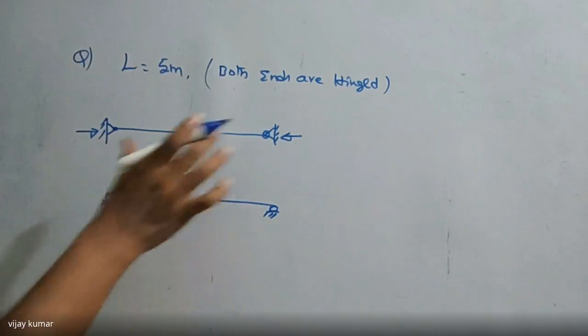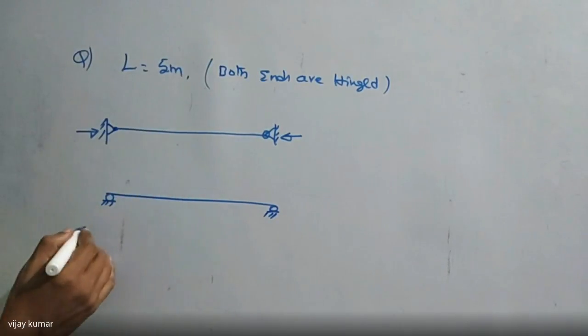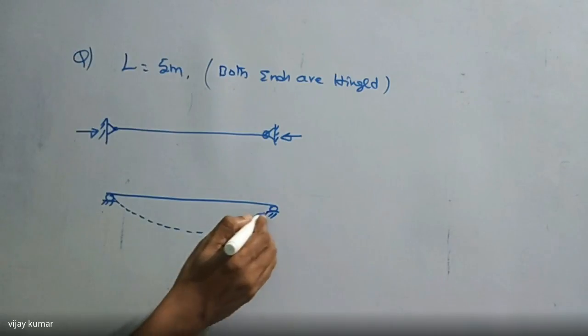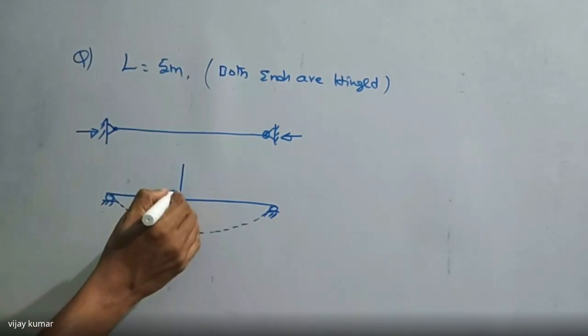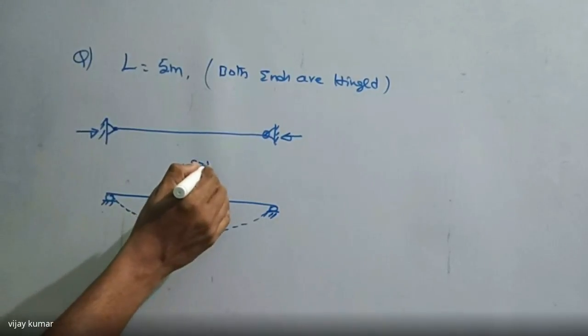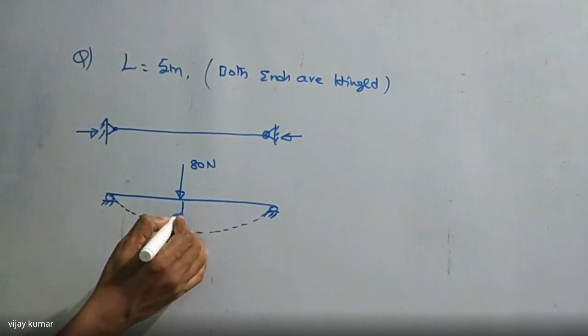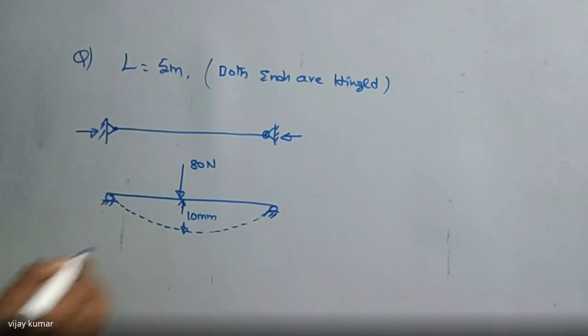If we simply support it on the supports and apply a load, it automatically has a deflection like this, under a load of 18 newtons. The deflection is given, and it is 10 mm.